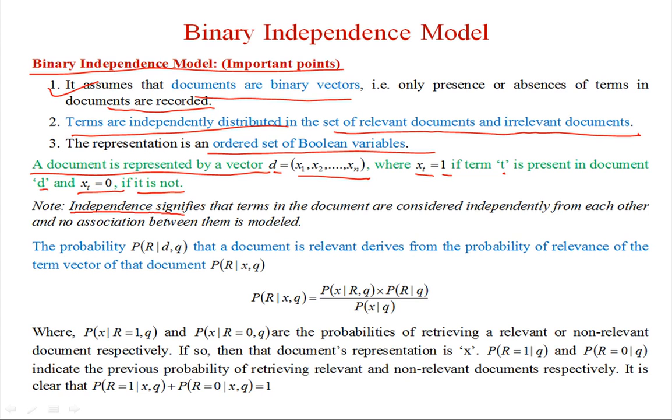The independence signifies that terms in the document are considered independently from each other and no association between them is modeled. But in actual text documents, we cannot take terms independently.